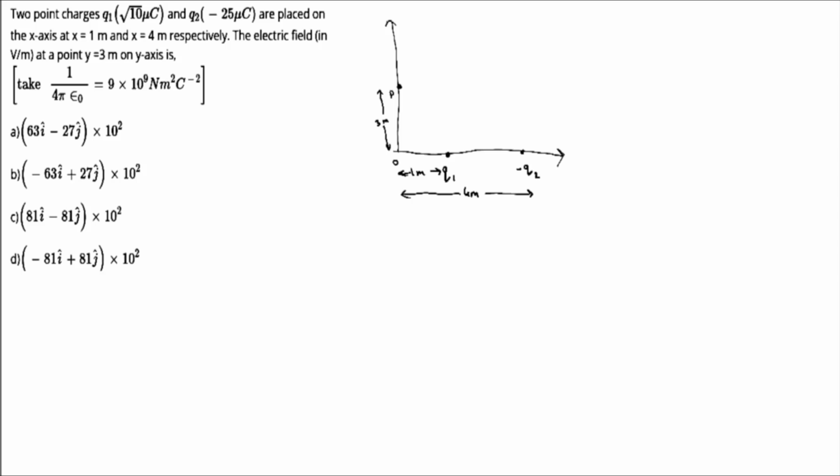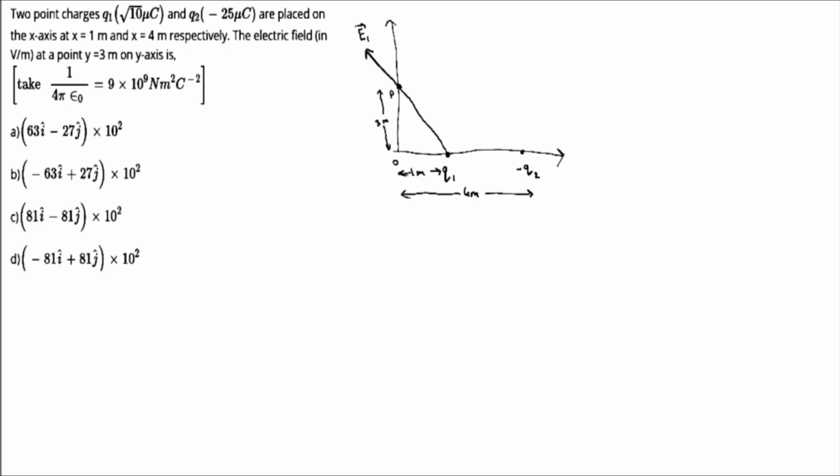So due to this charge Q1 at point P, we will experience an electric field, and this electric field will be in this direction. We name it as E1. This is the vectorial direction we have for E1.